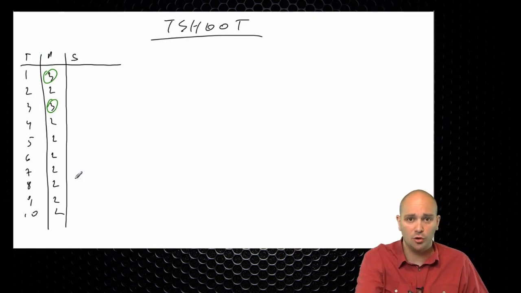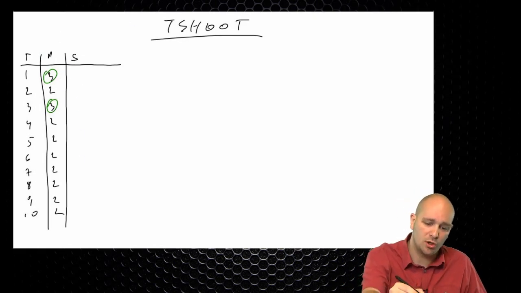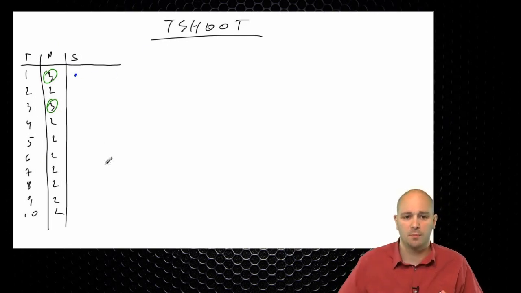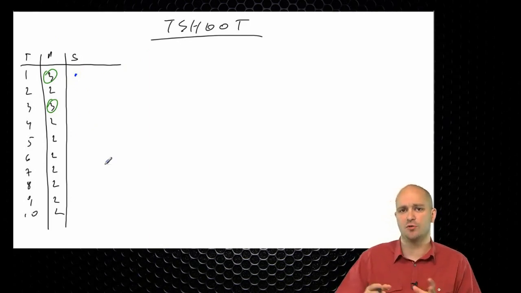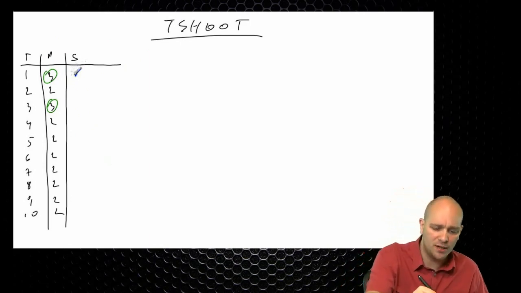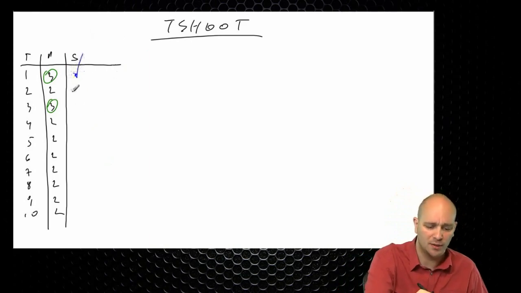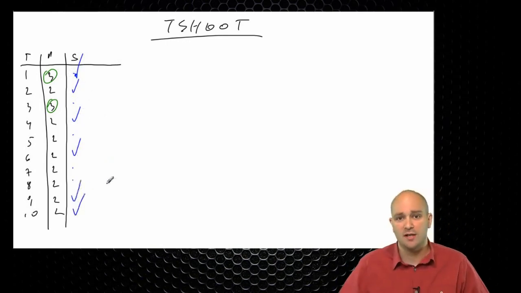Now, the way we are going to use this table is, when you start working on something, I like to mark it. I just put a very simple dot there. This tells me, okay, I have started working on this ticket. When I complete it, I'm going to mark it as complete. So as I'm going through the lab, this might be what I end up with after spending 8 minutes on each ticket.